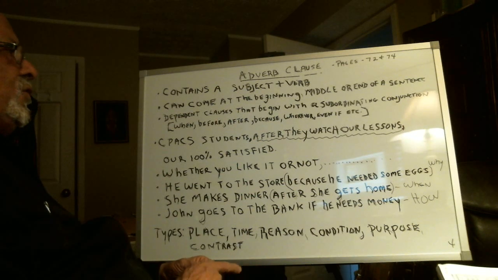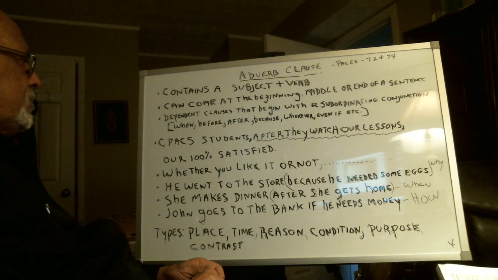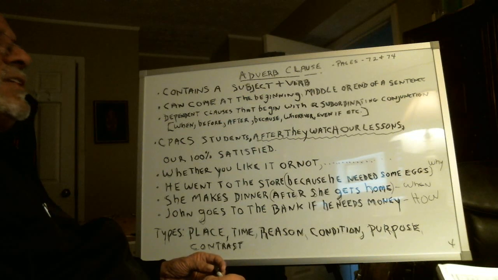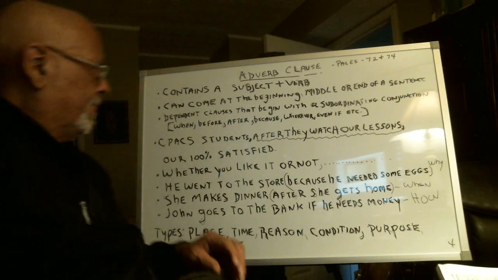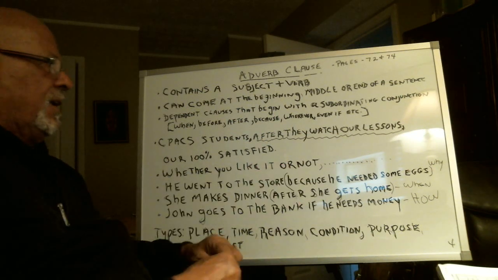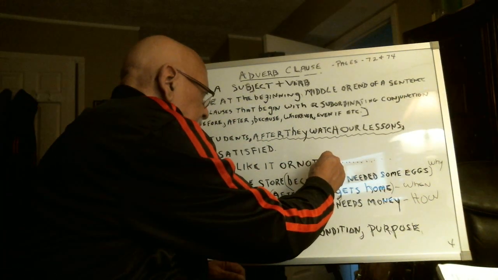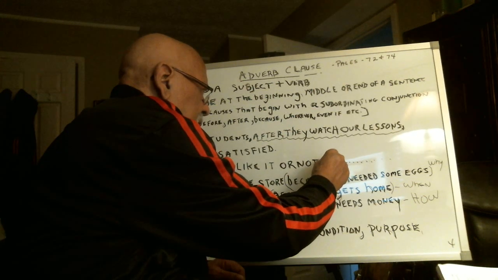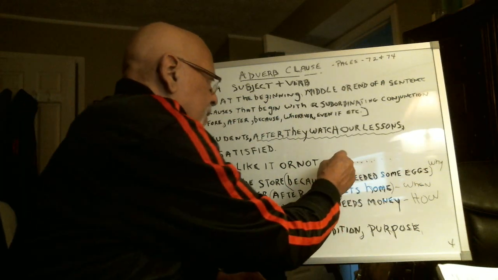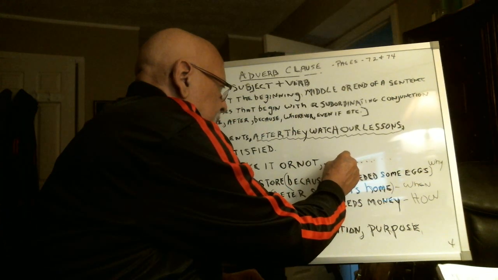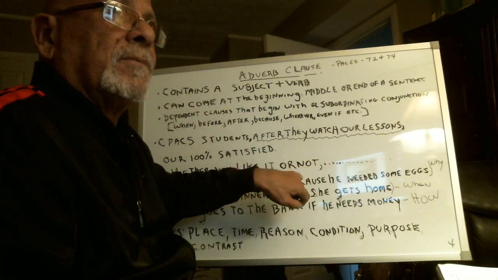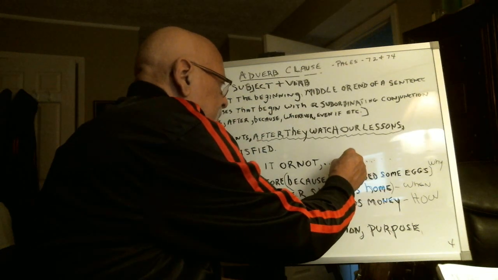So here's a sentence for you to work on. Complete the sentence, and send the sentence back to me. Whether you like it or not, comma. And you see all these little dots? They're called ellipses. That means you have to fill in what's missing.